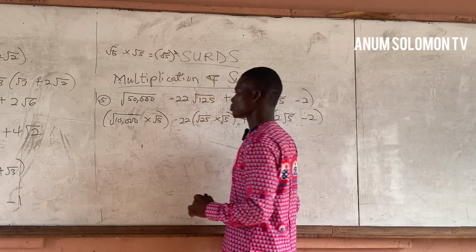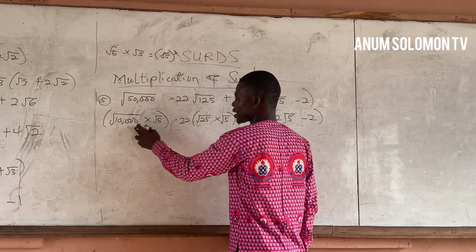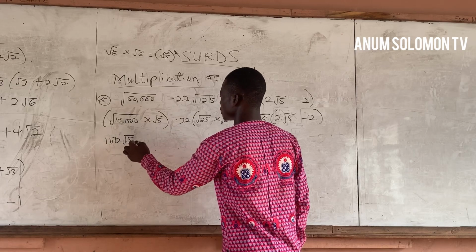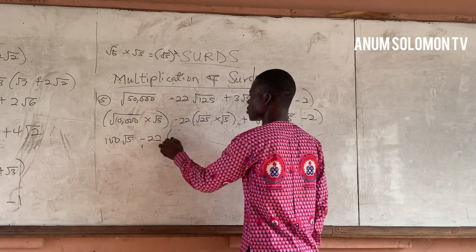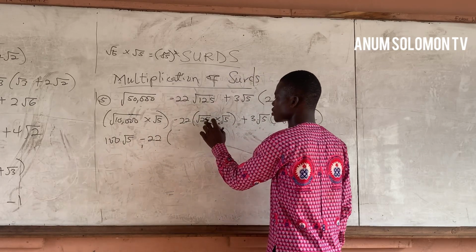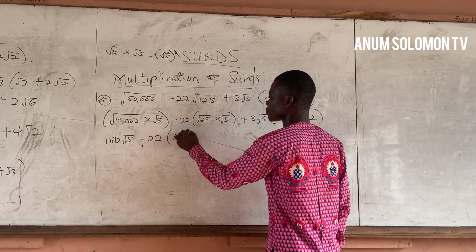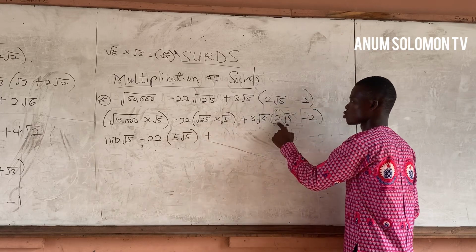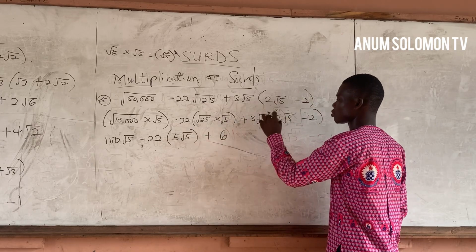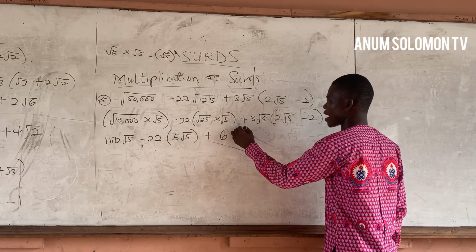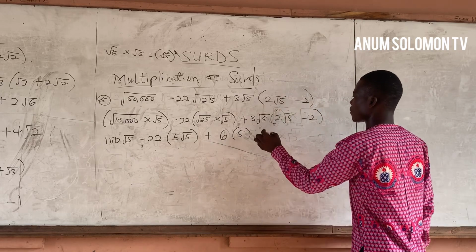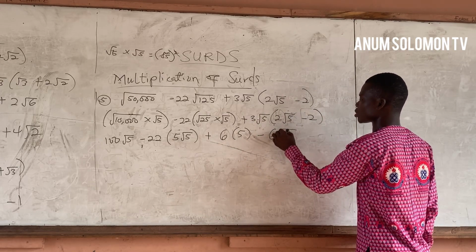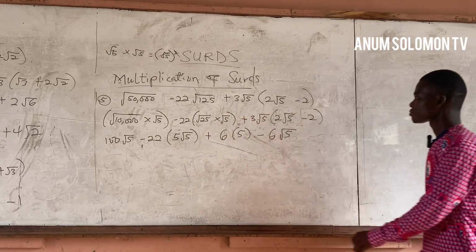So now let's move on. Root of 10,000 is what? 100 root 5 minus 22 bracket root of 25 is what? 5 root 5 plus 3 times 2, root 5 by root 5 is what? 5, minus 3 times 2 is minus 6 root what? 5.